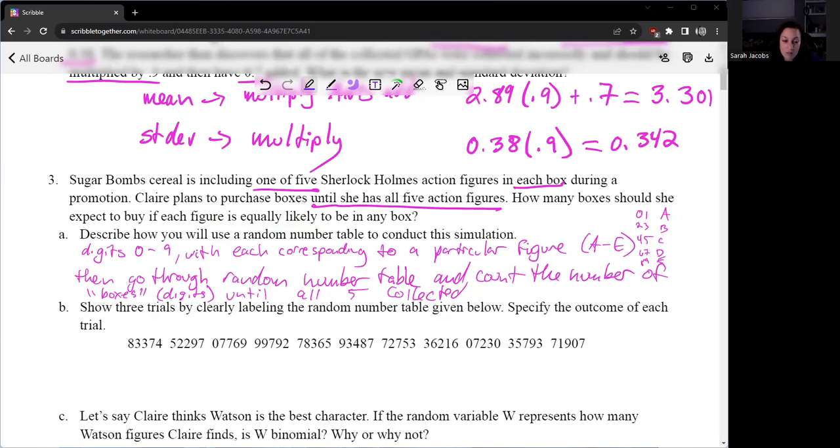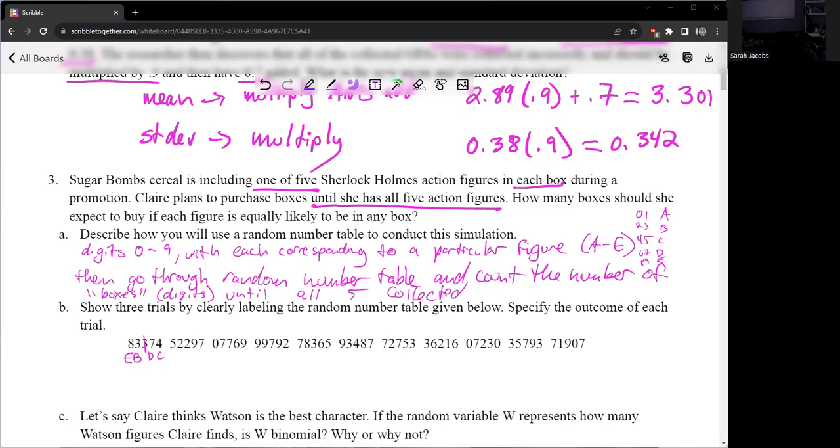I'll still count them as the number of boxes, but it'll just help me keep track. You'll see what I mean. So 8 corresponds to figure E. 3 corresponds to figure B. 3 again corresponds to figure B again, so I'm just going to hold on to that. 7 corresponds to figure D. 4 corresponds to figure C.